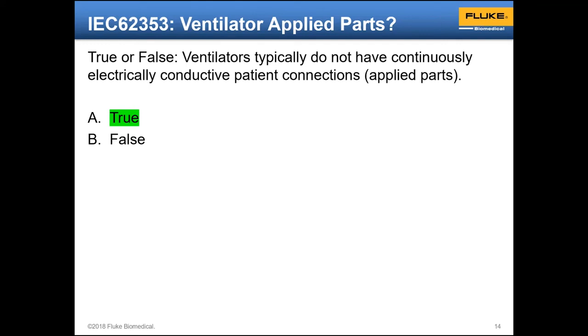But typically, the patient parameters that we would worry about are going to be part of patient monitors, which will be used alongside the ventilator. So you'll have the patient monitor connected to you and the ventilator connected to you if you're a patient that needs them. But the ventilator typically does not have the patient monitor built in.